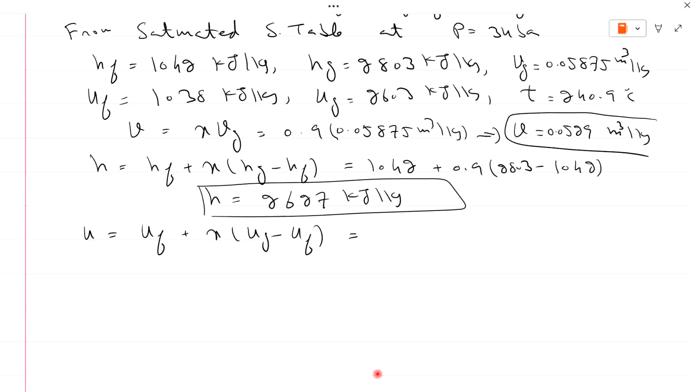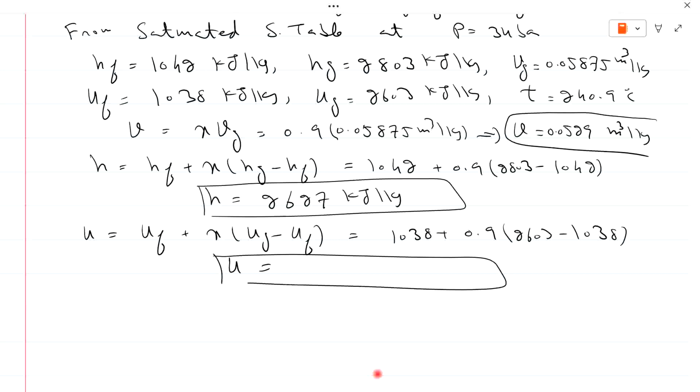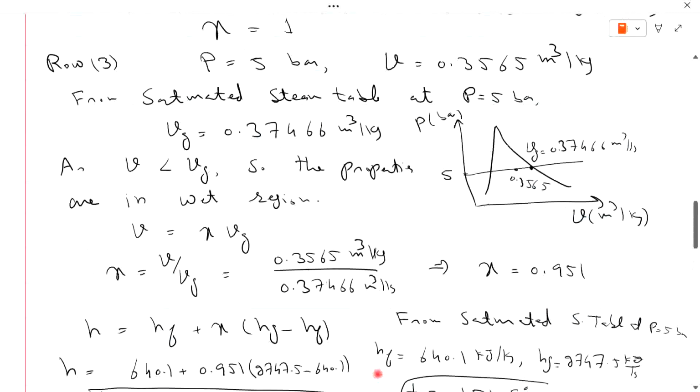So Uf is equal to 1038 kilojoule per kg, x is 0.9, the value of Ug is 2603 minus 1038. So calculate the value, simple calculation. So U is equal to 2446.5 kilojoule per kg. Now put these values in row number 5.